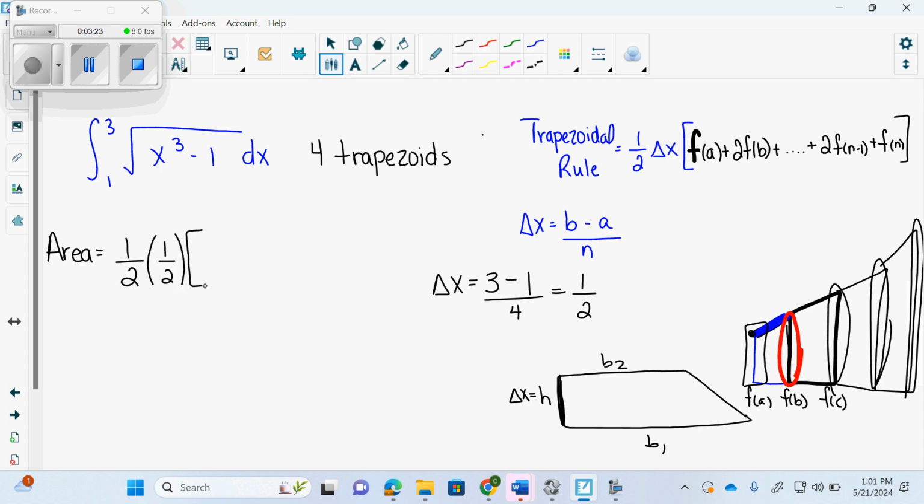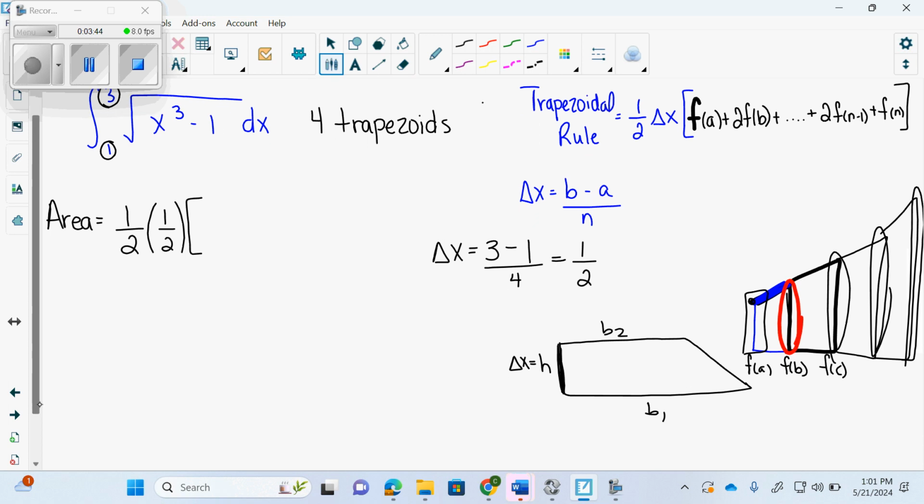Now I need to figure out what my side lengths are. We agree? And remember when we did right endpoints or left endpoints, we drew a number line and then we could pull the values off that number line. I'm still going to do the same thing. My number line is from 1 to 3, correct? So I'm going to draw myself a number line down here. From 1 to 3, and what did we say the increments were going to go up by? 1/2.